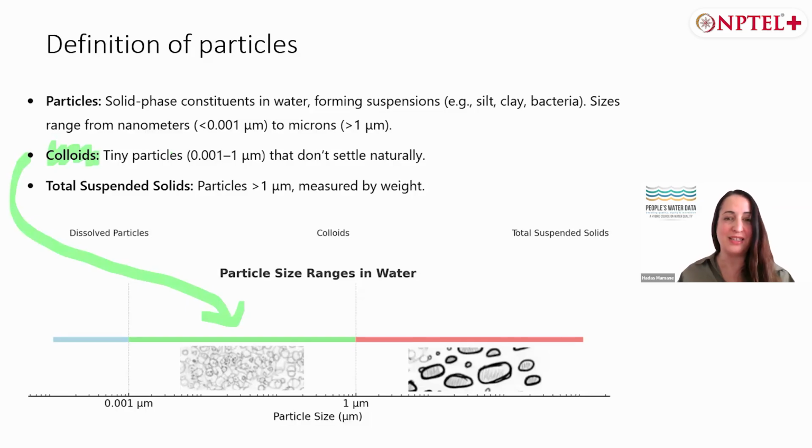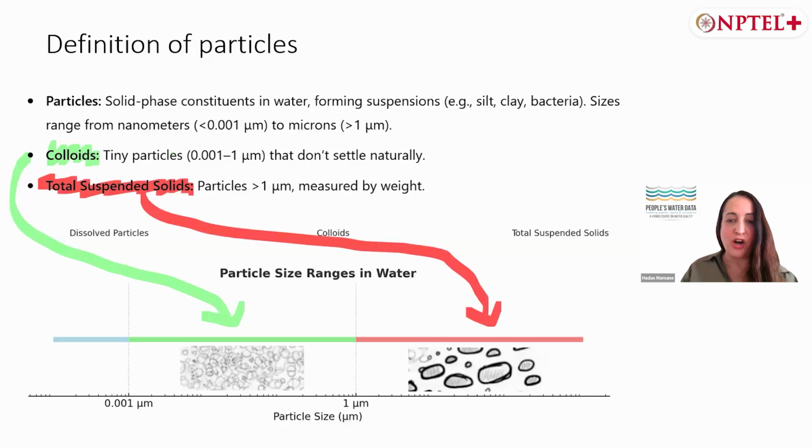These particles do not settle naturally, and they are in the size of 1,000th of a micron to 1 micron, okay? So these are the tiny, small particles. In addition to that, we also have total suspended solids. The total suspended solids are particles from the size of larger than 1 micron. And we measure the total suspended solids by weight.